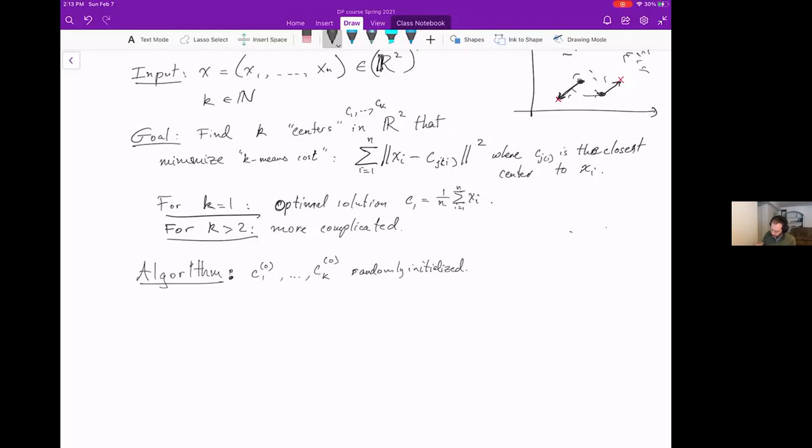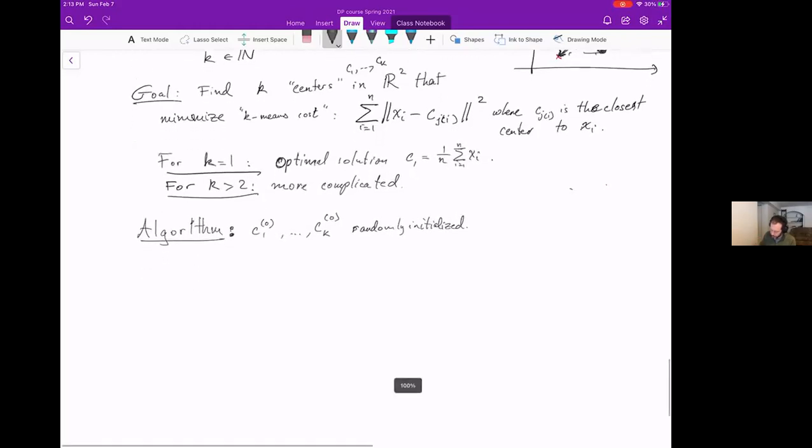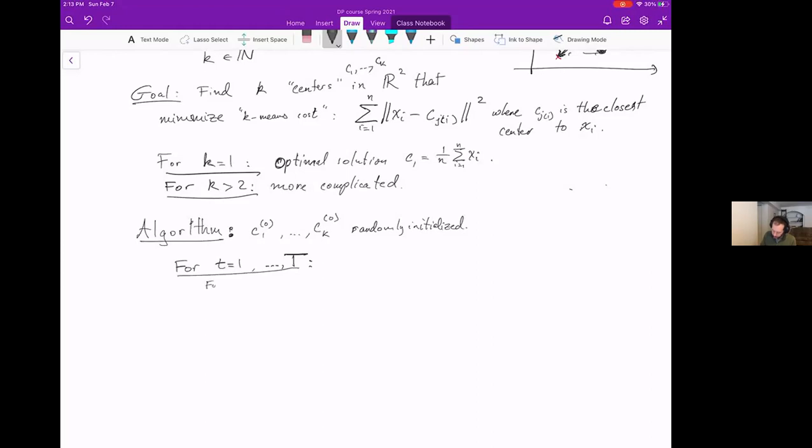Just imagine they're chosen from some initial distribution. And now we'll proceed in stages. For t equals 1 up to some number T, which is a number of phases that is given to us, think of it as a fixed quantity. And now we'll do the following thing for each j.